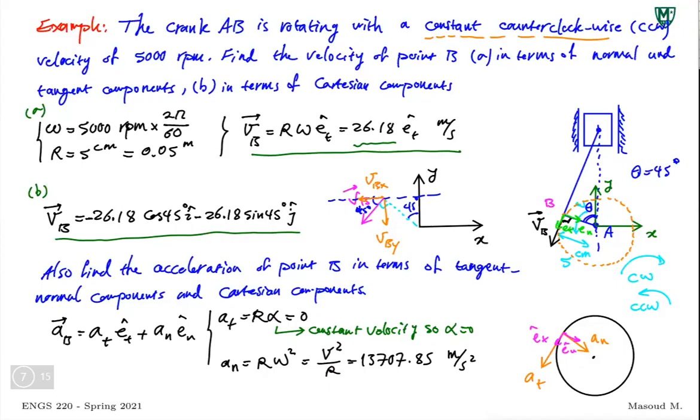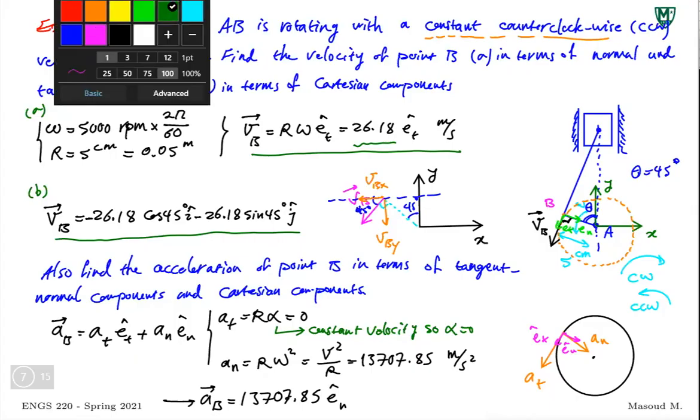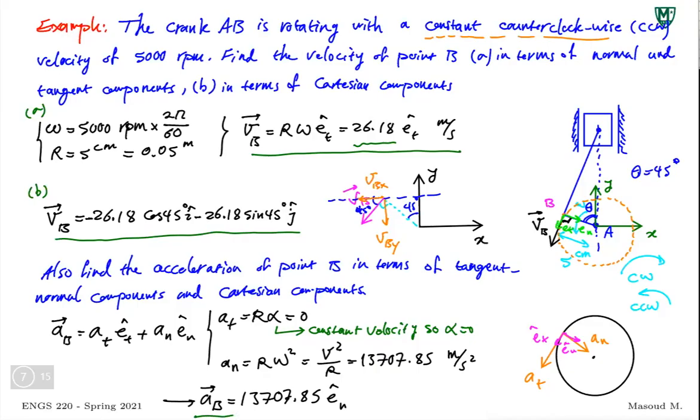So that's the component of acceleration in the normal direction. At the end, your acceleration in tangent normal coordinates is 13707.85 EN. This is your acceleration in the normal tangent coordinate system.